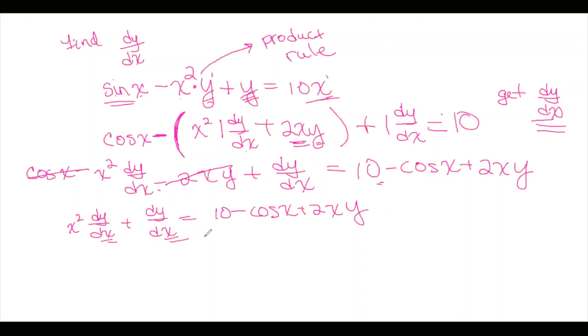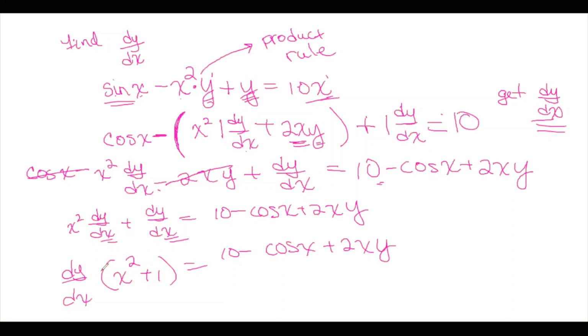Here again you've got two terms with dy/dx, so you factor it out, and you have x squared plus 1. But I'm going to divide, because I want to get the dy/dx alone. So I'll divide both sides by x squared plus 1, and that will be my final answer right here.